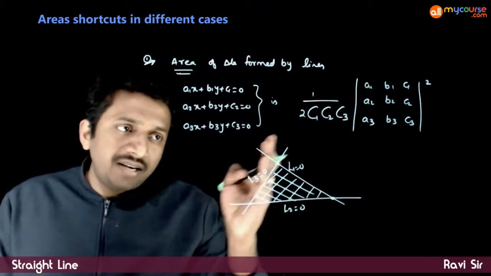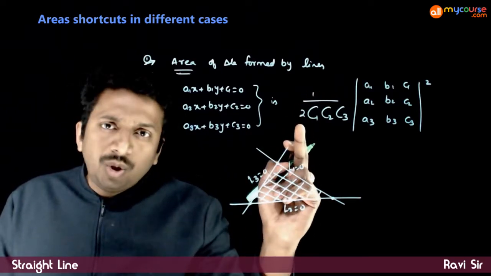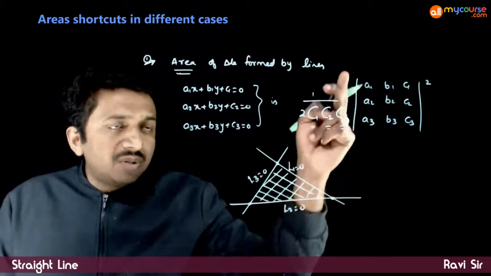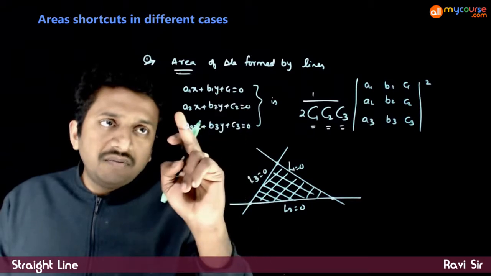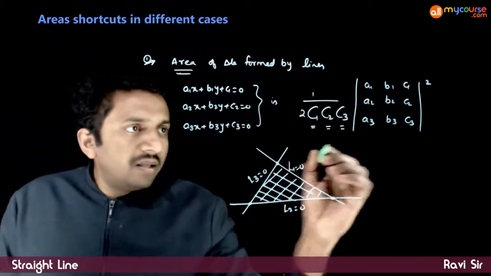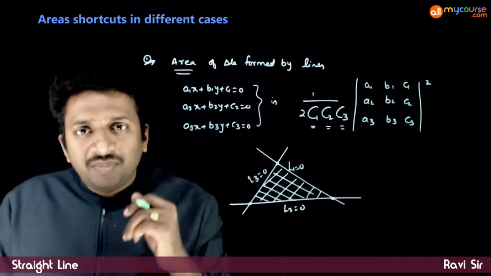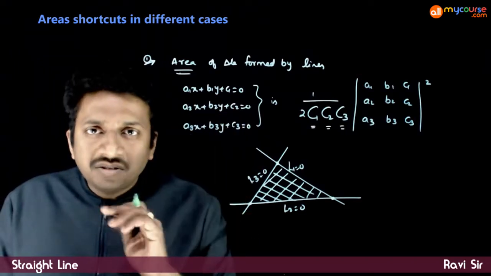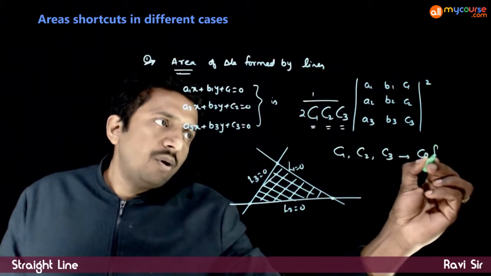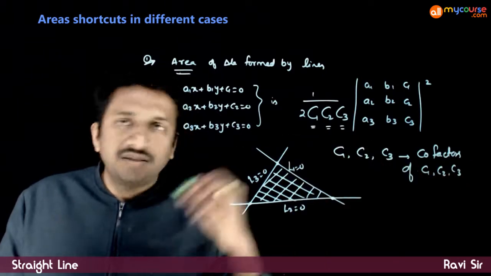So the shortcut to find the area of the triangle formed by three lines is 1 by 2 times C1 C2 C3 times the modulus of the determinant of A1, B1, C1, A2, B2, C2, A3, B3, C3 whole square, where these are the coefficients, and capital C1, C2, C3 are cofactors of small c1, c2, c3.